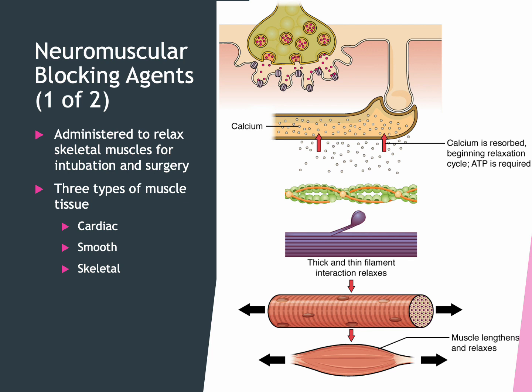So once this depolarization occurs, calcium channels are going to open and calcium is going to be released. And the presence of calcium is going to activate two types of muscle filaments called actin and myosin. You can see them on the screen here.